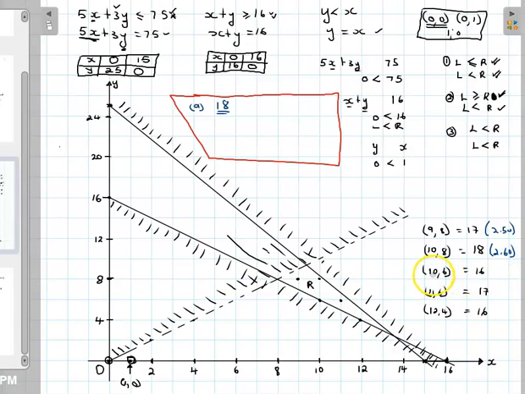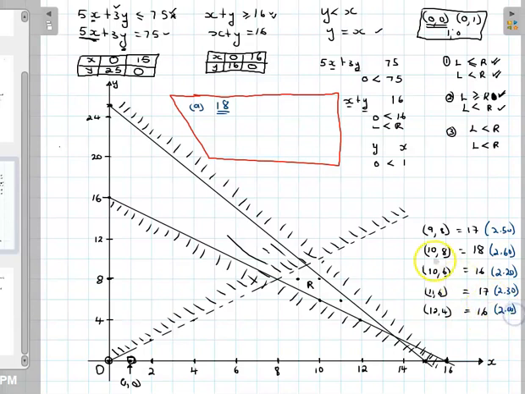And then here we have 100 plus 120, which is $2.20. And then here we have 110 plus 120, which is $2.30. Here we have 120 plus 80, which is simply $2.